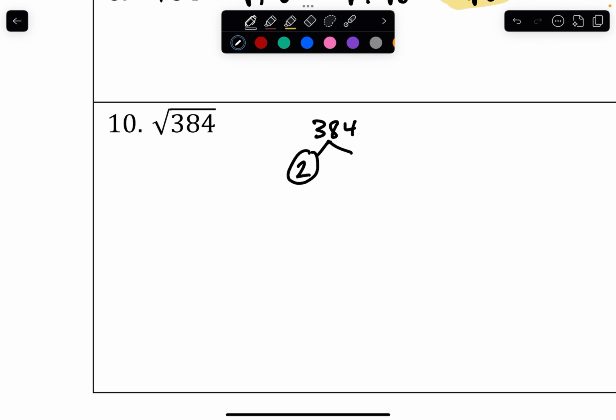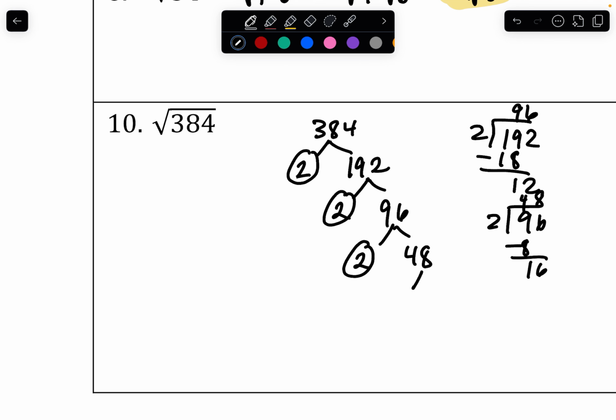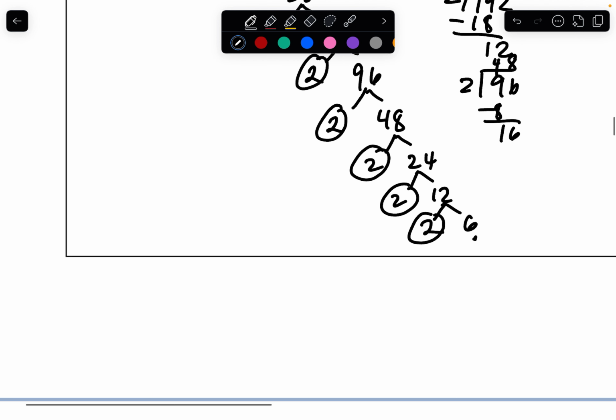And so that's going to be 2 and 192, 2 and 96, 2 and 48, 2 and 24, 2 and 12, 2 and 6, 2 and 3.